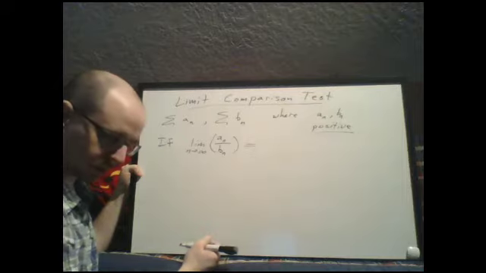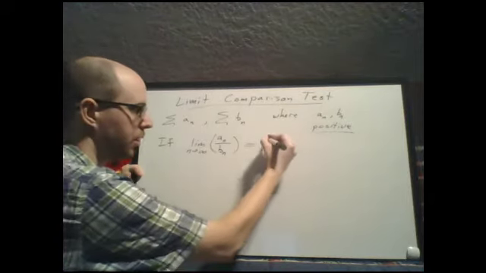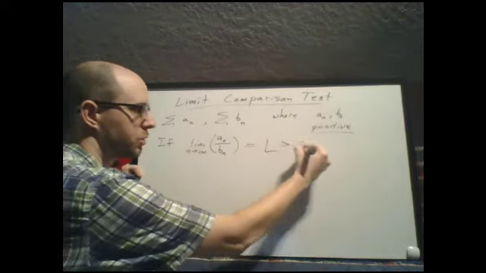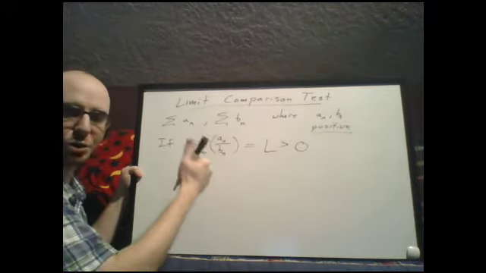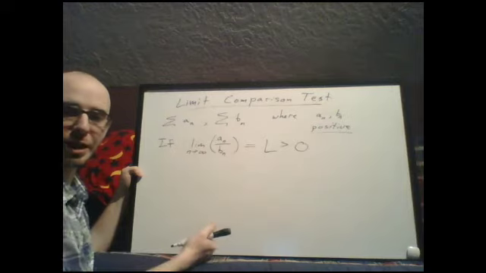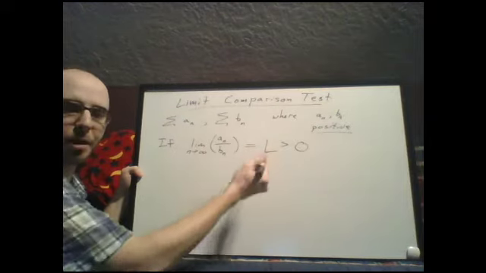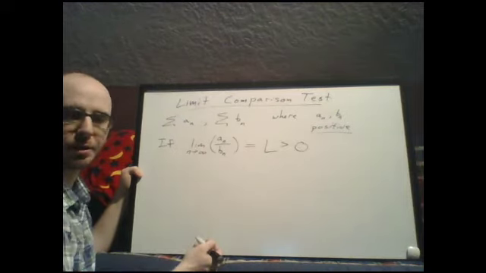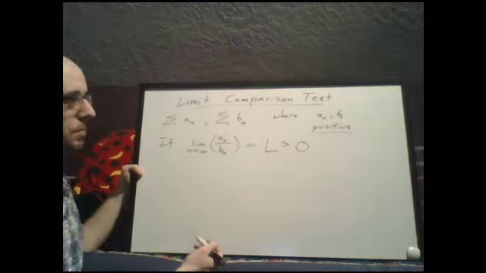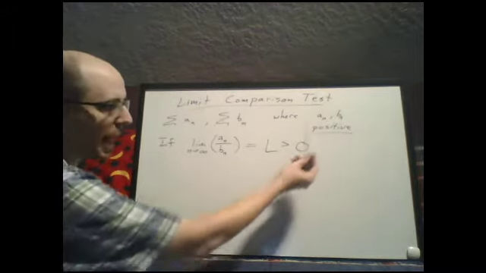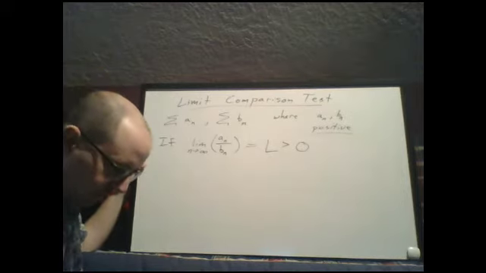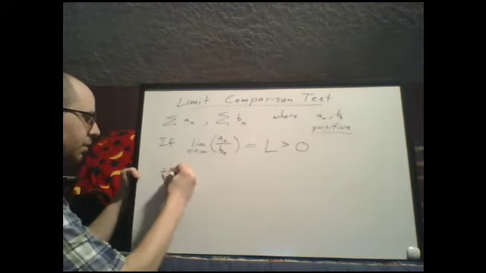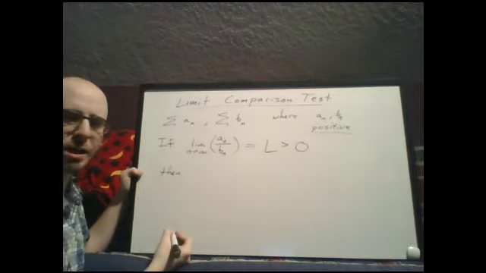If this equals a number L that's strictly bigger than 0, so that means I look at this limit, I don't get 0, I don't get infinity. I get some positive number as my answer. It can't be negative because the a_n and b_n are positive. But if this is the case, then we can say it different ways.